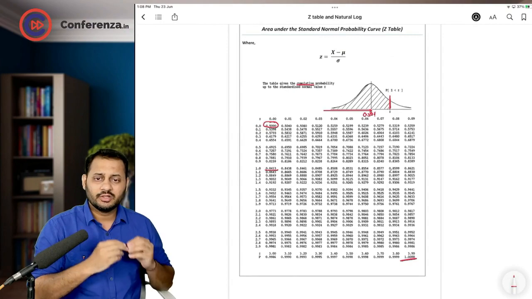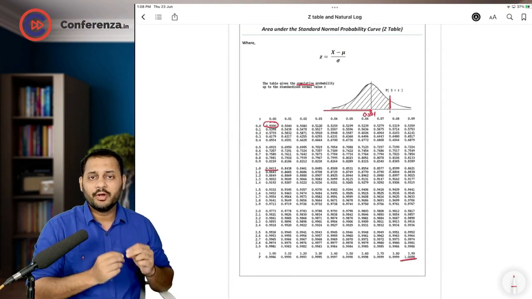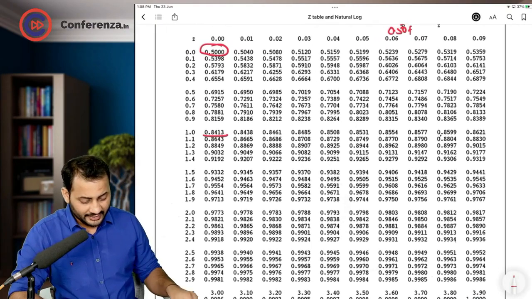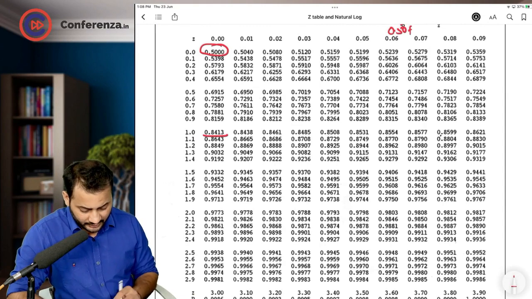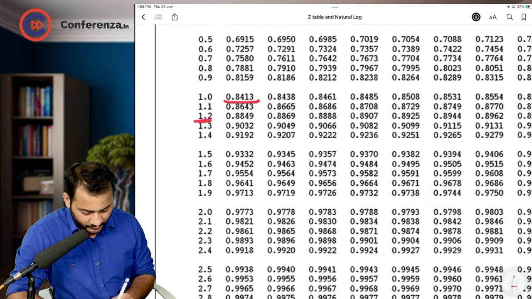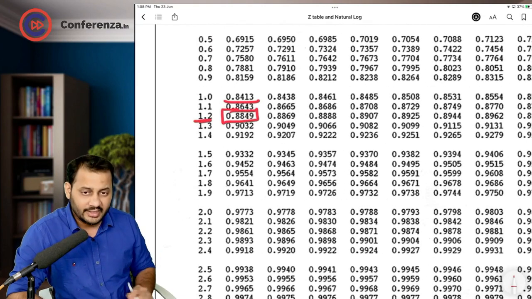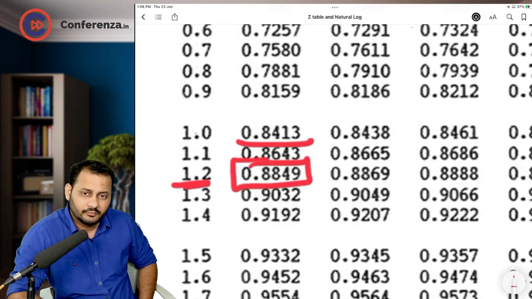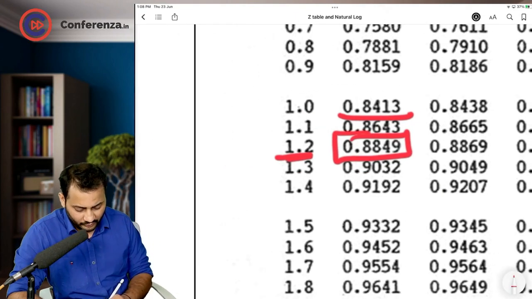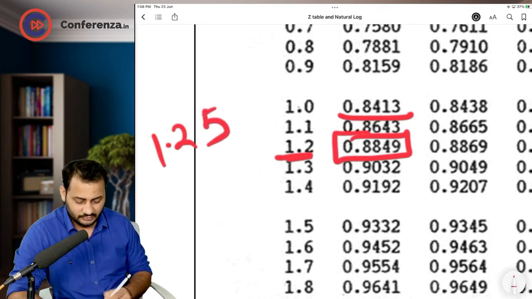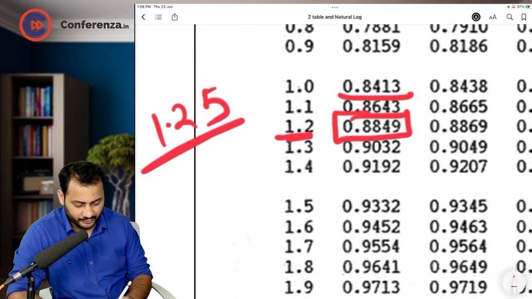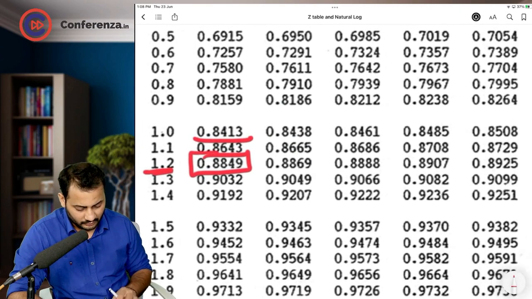Let's find out the area covered under 1.2 standard deviation. So first we will go to 1.2, and this is the area, 88.49%. Now if we want to find out the area covered under 1.25 standard deviation, then what will happen?